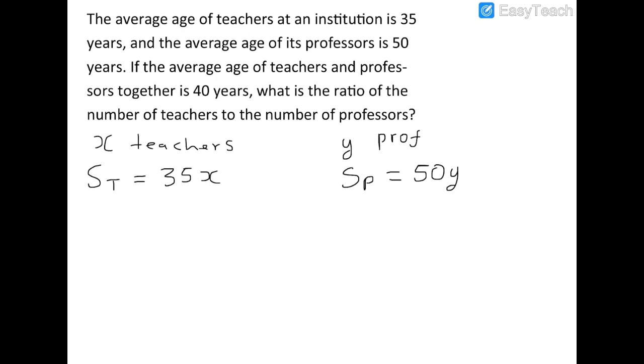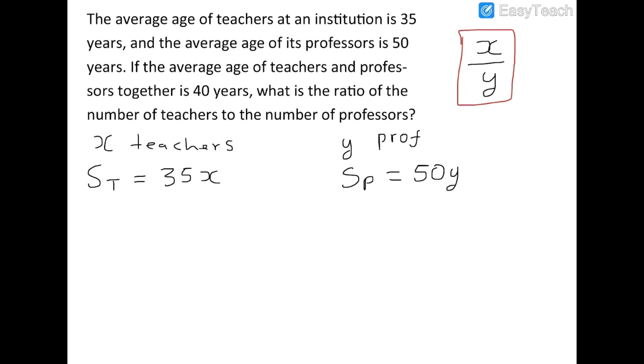Now it continues to say, if the average age of teachers and professors together is 40 years, what is the ratio of the number of teachers to the number of professors? So what this question is looking for is the ratio of X over Y, which will be the number of teachers divided by the number of professors in this institution.